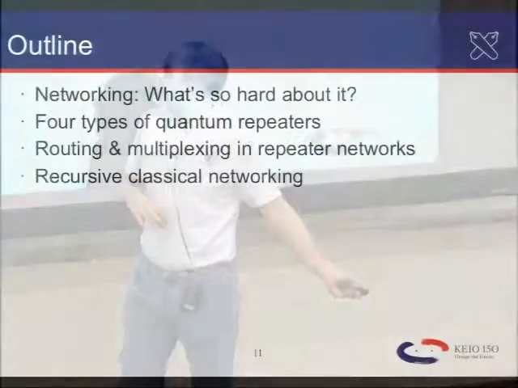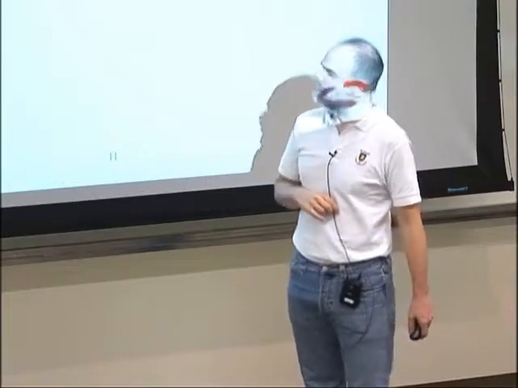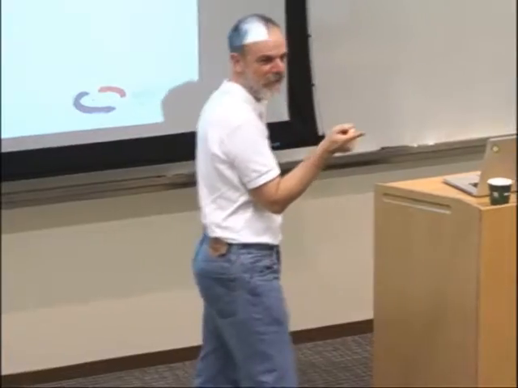So, the outline of what we're going to talk about today. I'm not sure if I really need to go through the first part, talking about networking and what's so hard about it. Parts of this talk were engineered for quantum folks. Let's see. We've got one hardcore quantum guy here. I don't know about you. Everybody else here has a strong background in systems, right?